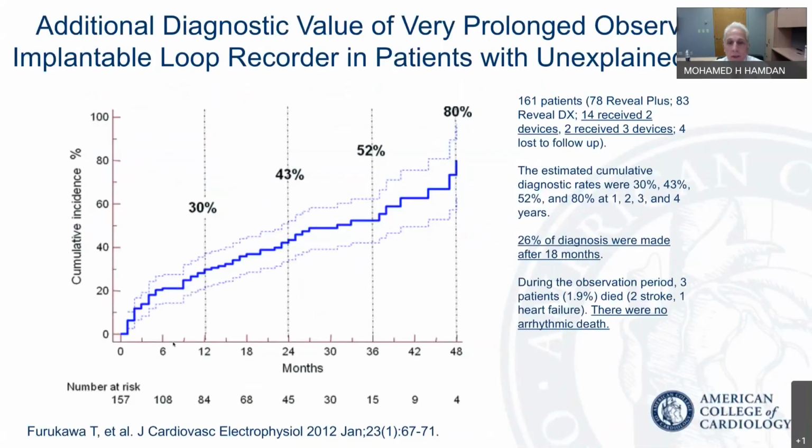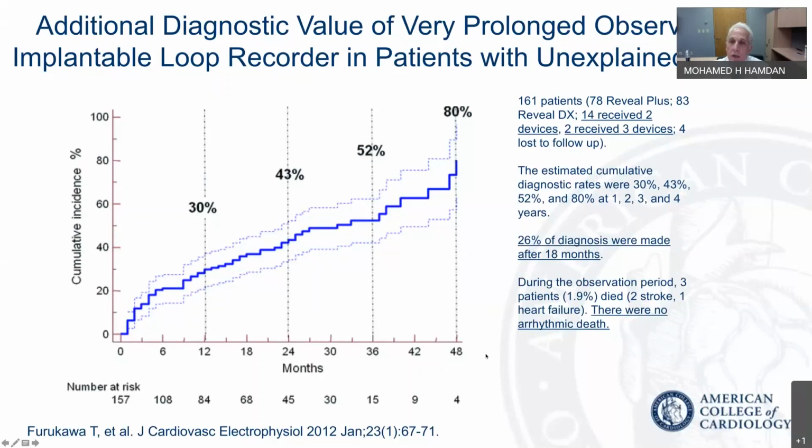Once you decide to monitor patients for evaluation of suspected cardiac syncope, it's important that you continue to monitor these patients until you have a diagnosis. This is a study done by Dr. Brignoli's group, published 10 years ago, looking at the rate of diagnosis over prolonged follow-up up to 40 years in patients who received an ILR.